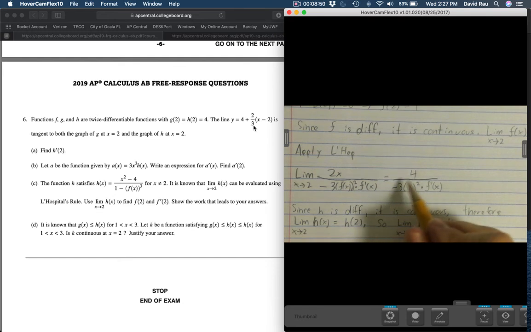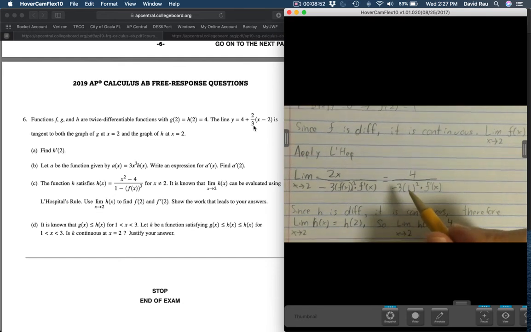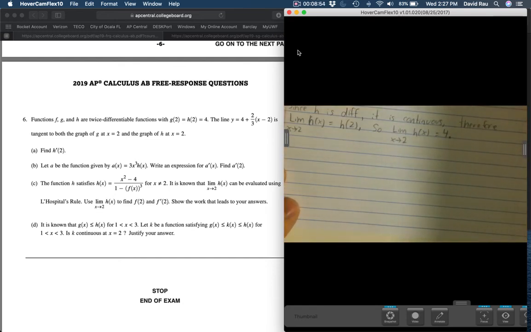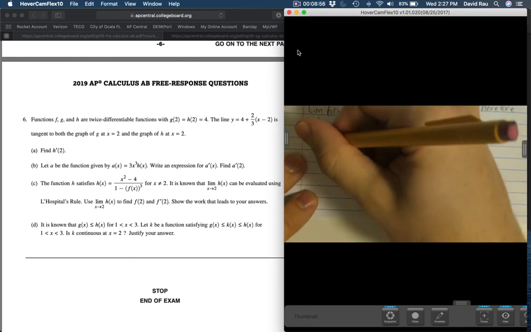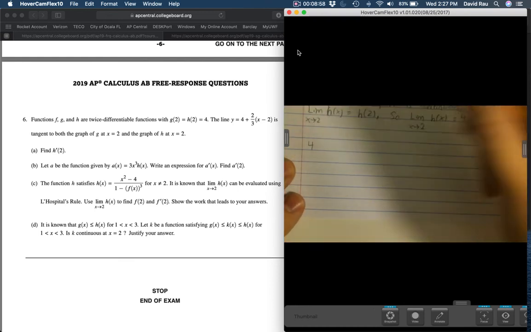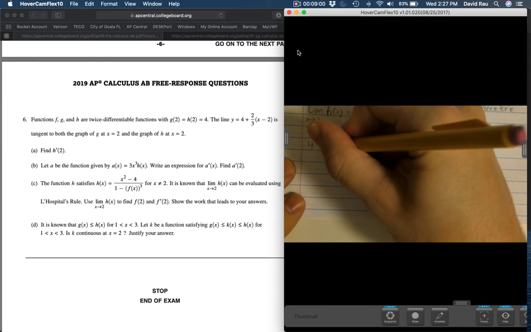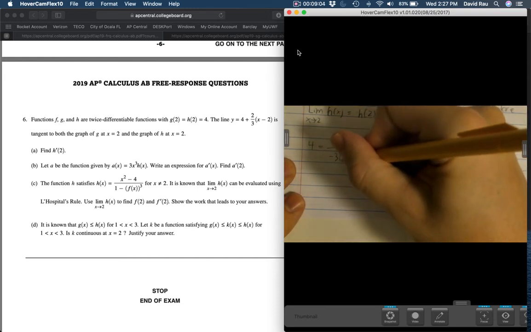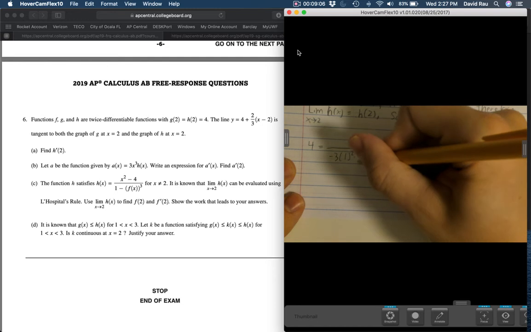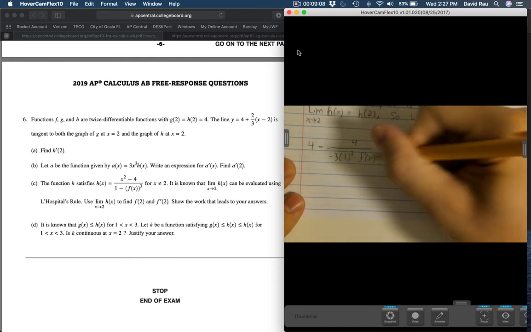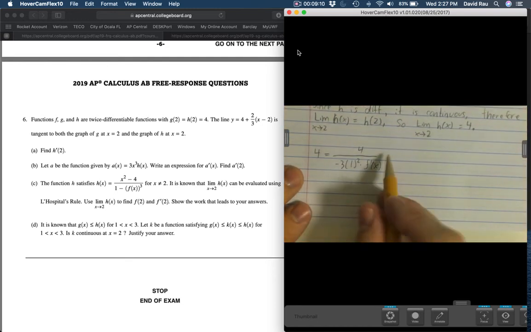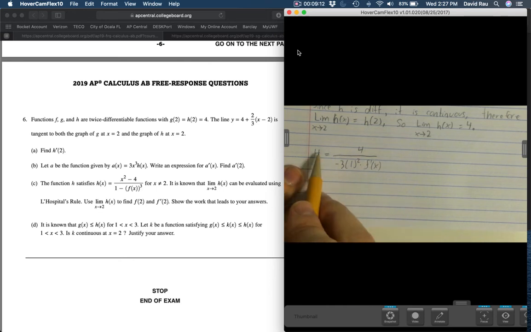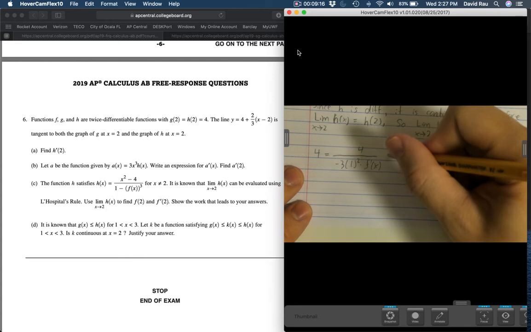And so what does that mean? It means now we can take this expression and set it equal to 4. So we now have 4 is equal to 4 divided by negative 3 times 1 squared times f prime of x. And if you do some algebra here, or if you just kind of look at this, how does 4 equal 4 over something? Well, this whole something has to be equal to 1.